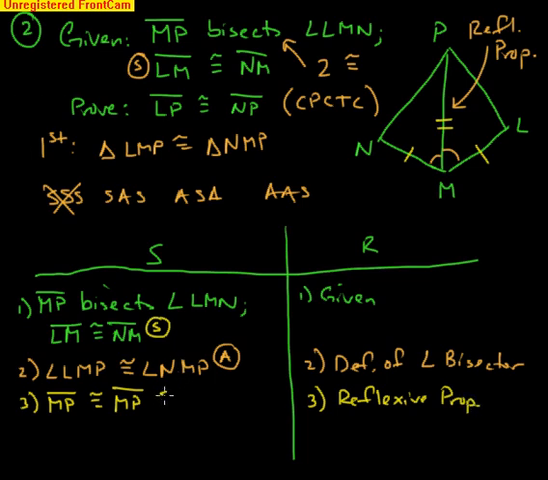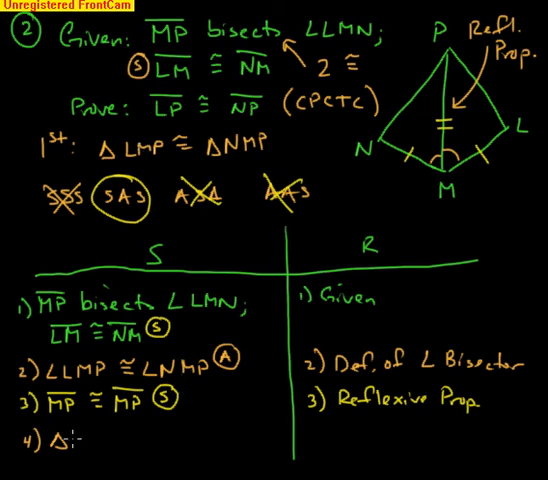So there is our third piece of information, our third S. So we throw out angle, side, angle. We throw out angle, angle, side. We know that we have to use side, angle, side. So we can now prove the triangles are congruent by using side, angle, side.